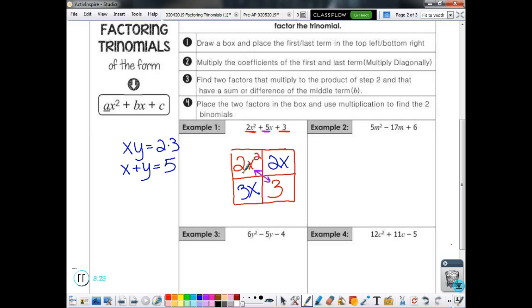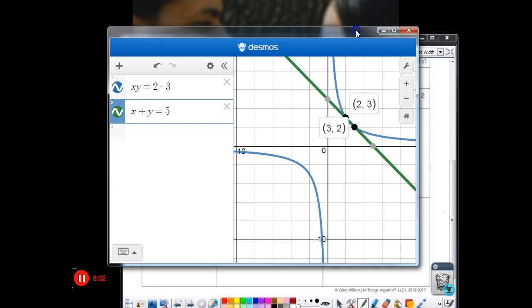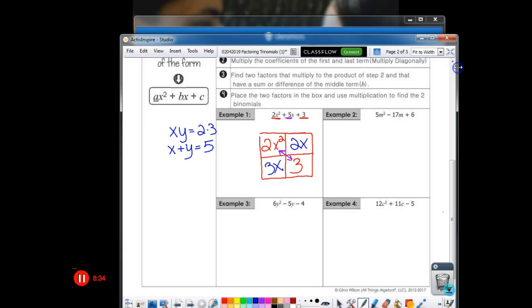Because you can't put the 2x anywhere, okay? So the way you can do it is you find the GCF of, where's that? Right here. So you would find the GCF of 2 and 3, and then 2 and 2, okay?